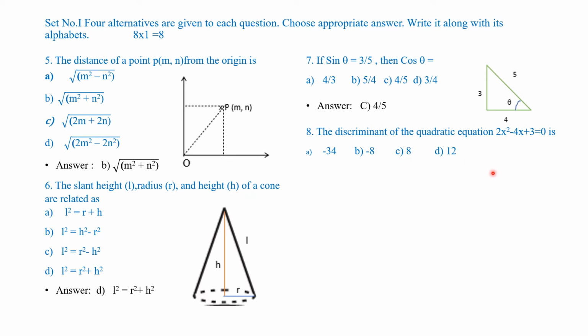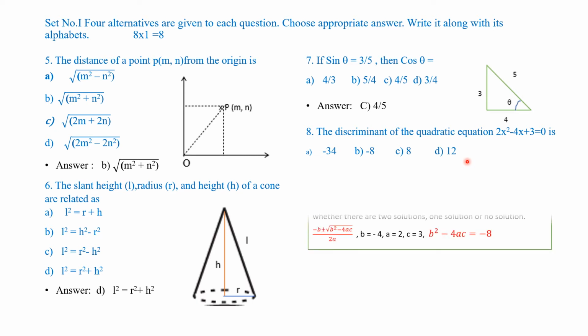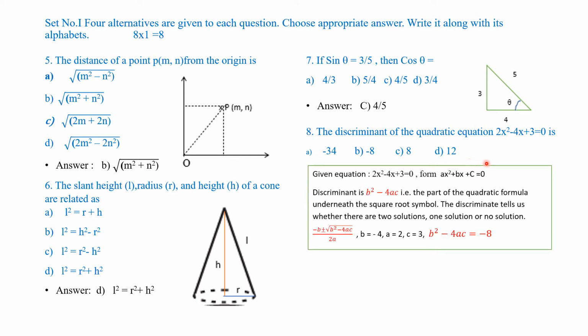Four options are given. Now we have to solve this. The given equation is 2x square minus 4x plus 3 equals 0, of the form ax square plus bx plus c equal to 0. This is a quadratic equation.